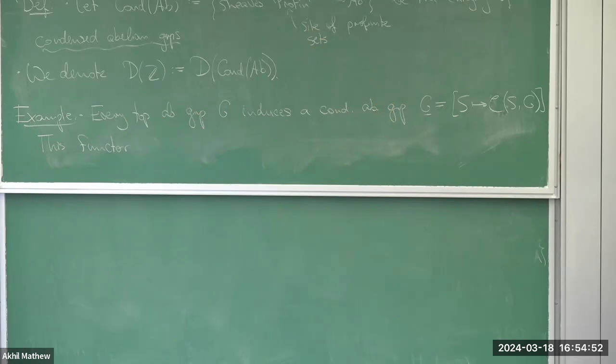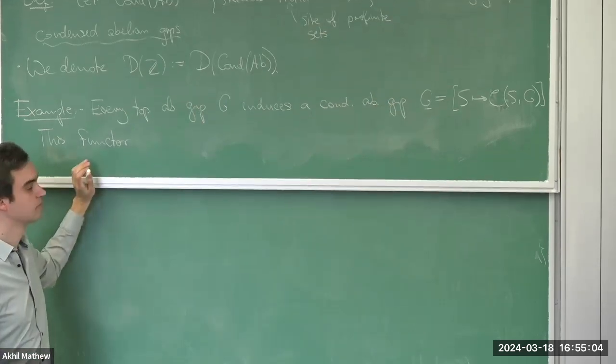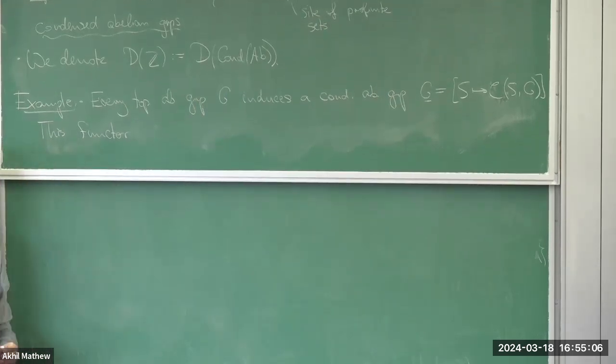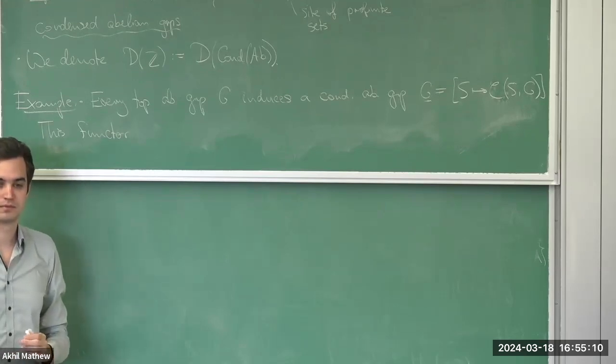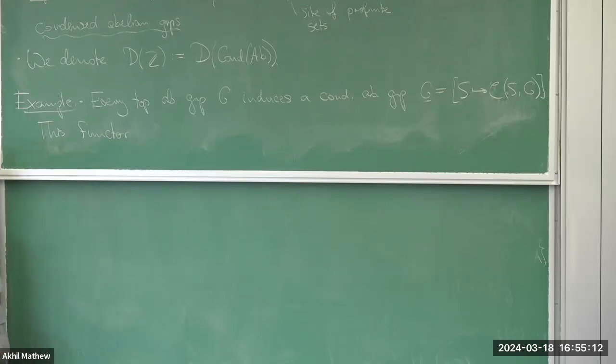So the essential point is that you can represent any compact space. For me, compact always means Hausdorff, unless specified. You can represent any compact space as a quotient of a profinite set.